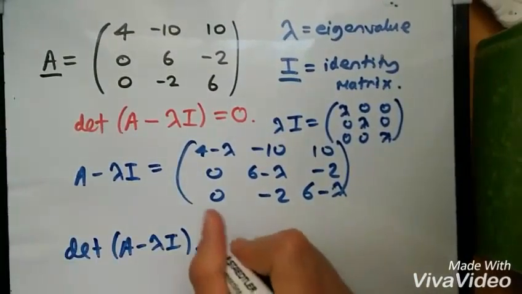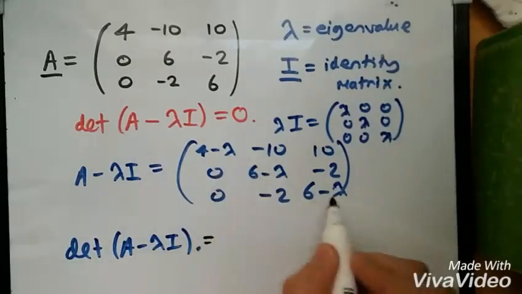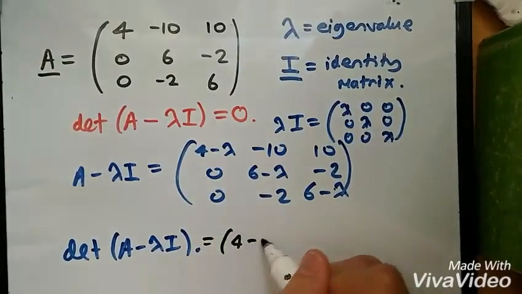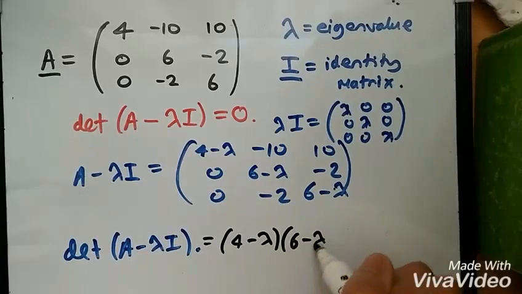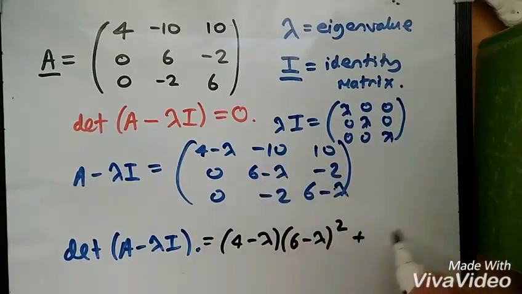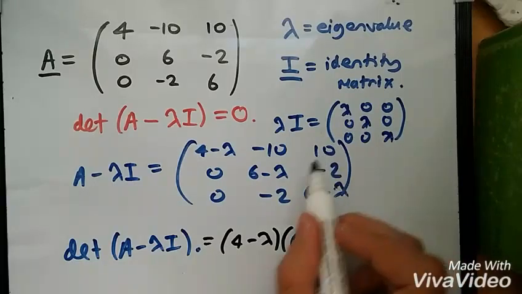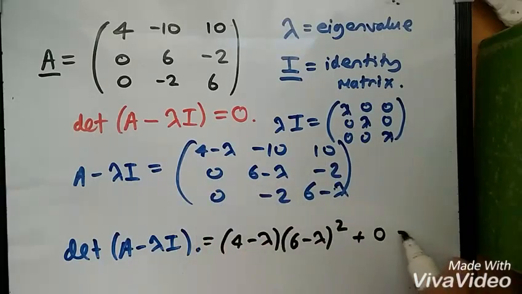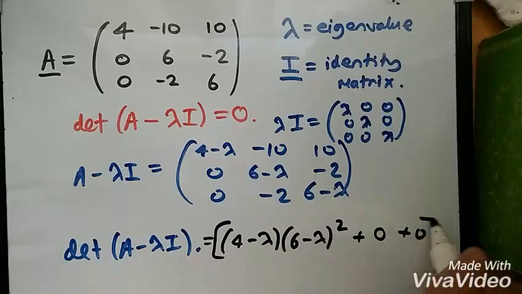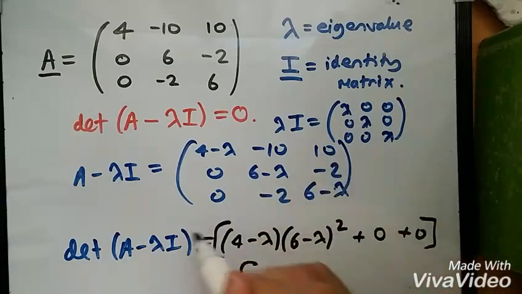So what are we going to get? We're going to get 4 minus lambda times this, which is 4 minus lambda, 6 minus lambda squared, plus this times 0, which is 0. 10 times 0 times minus 2 is again 0. So it's the first part minus the sum of the opposite side.